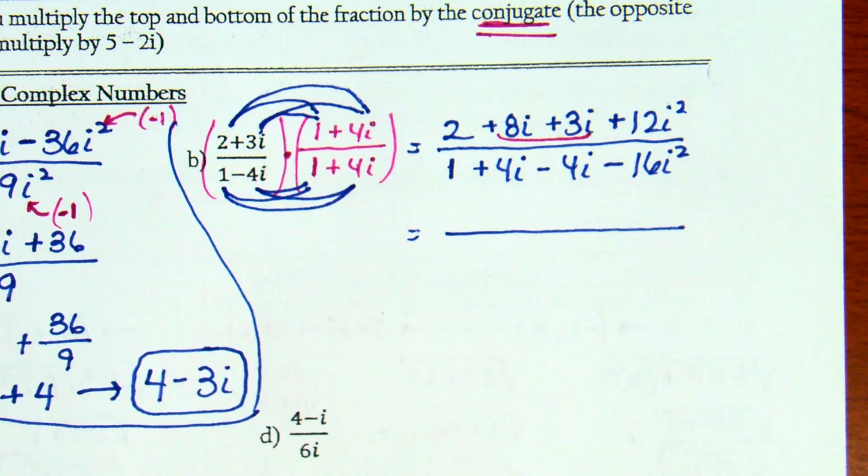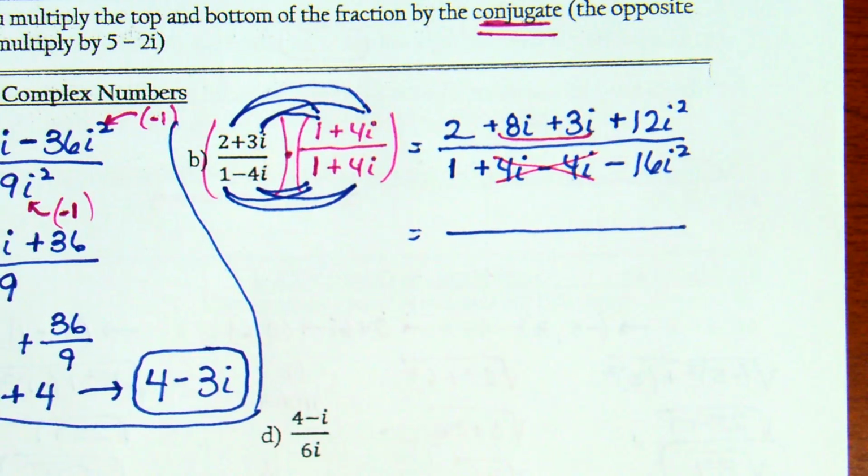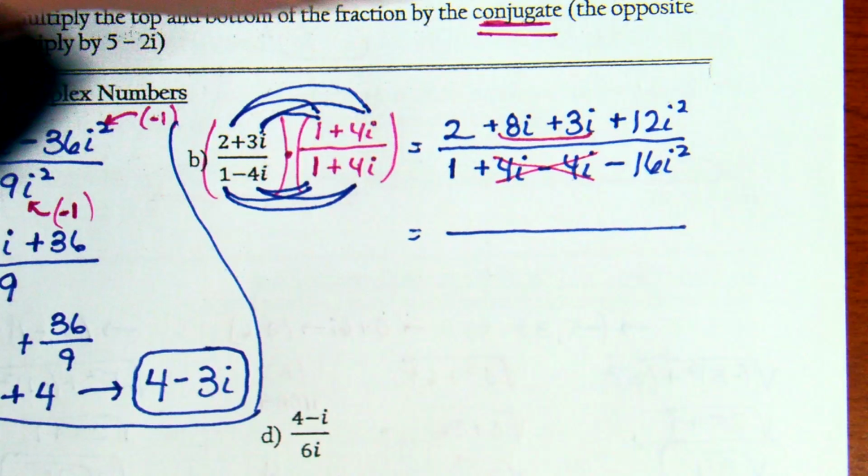And when you multiply conjugates, that's what always should happen, those middle terms cancel. And then what's the other thing you can tell me before I start writing this all out? Those i squareds need to become negative ones.